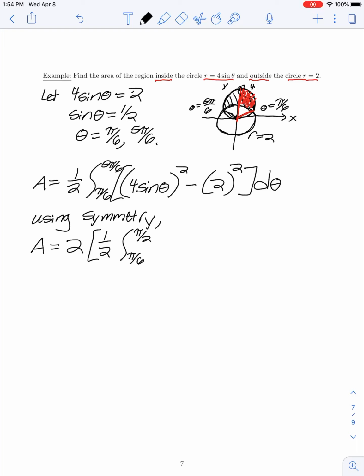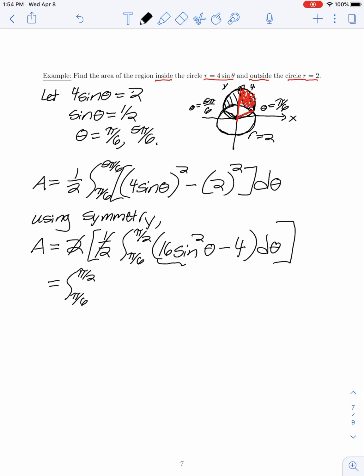So here, if we expand our integrand, 4 sine of theta squared gives us 16 sine squared theta, minus 2 squared is 4, and we're integrating with respect to theta. Here our constants 2 and 1/2 will cancel, and we're left with the integral from pi over 6 to pi over 2 of 16 sine squared theta, minus 4.